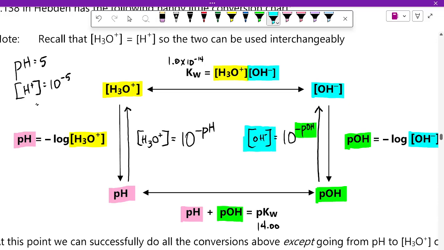This chart is worth devoting to memory, okay?